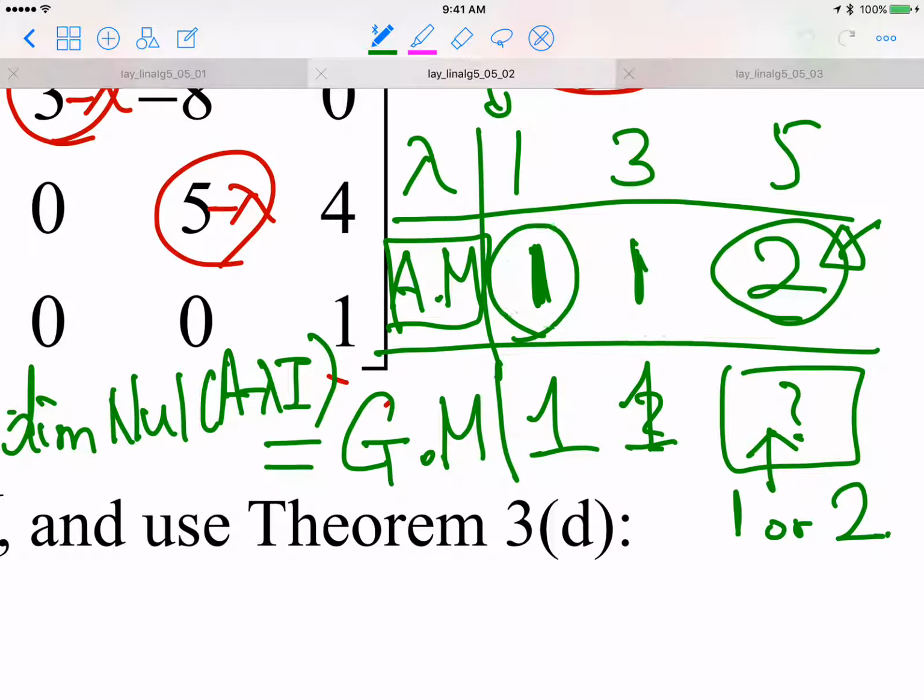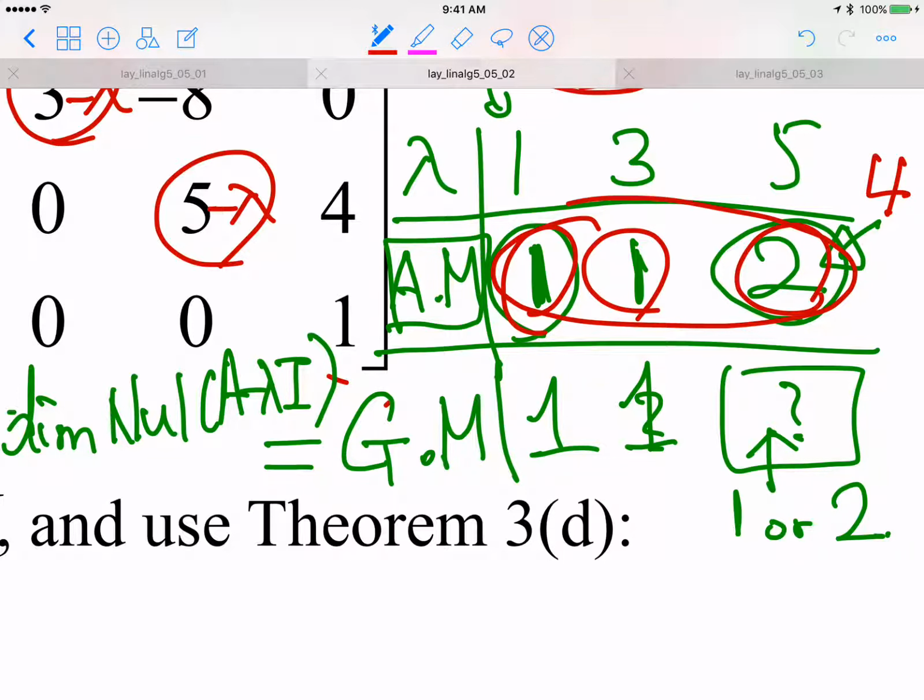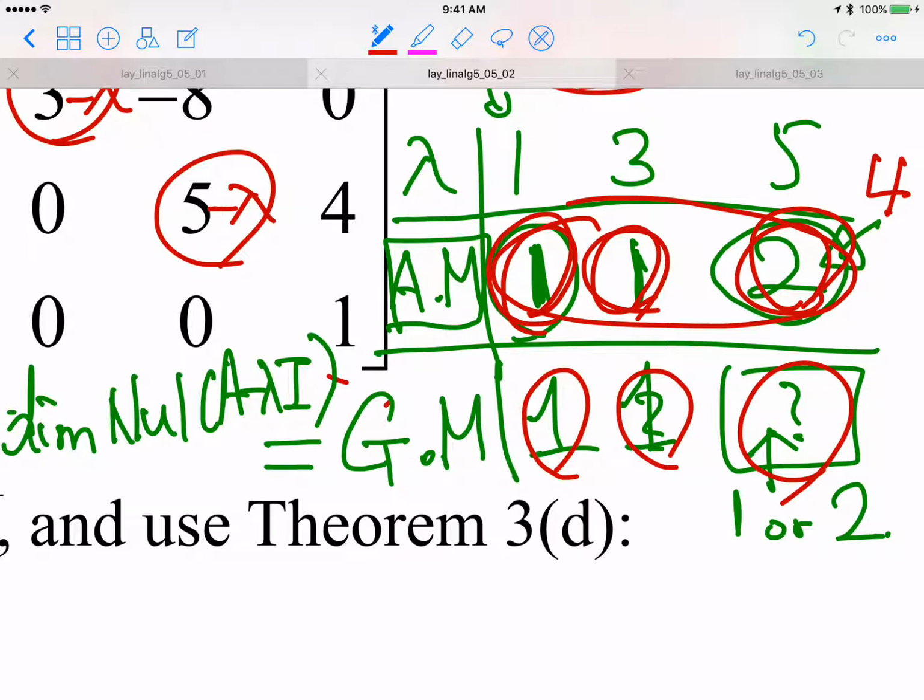Altogether, what is the summation of these 3 numbers? It will be 4, right? For each value, the geometric multiplicity, which is the number of eigenvectors, is less than or equal to each of these numbers, but also at least 1, of course.